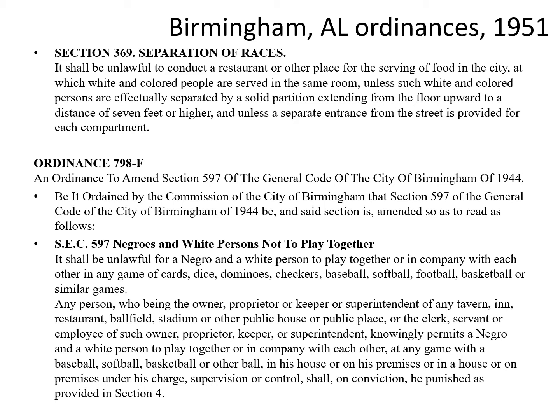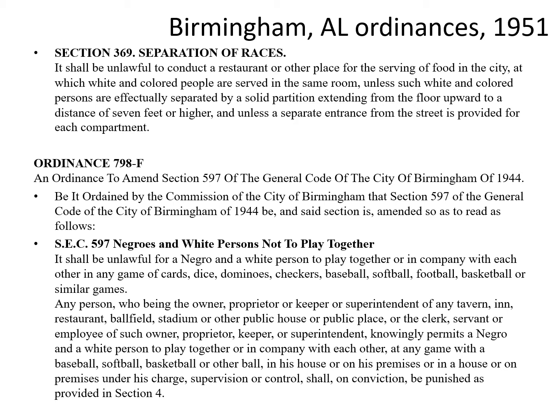So if you look under the last paragraph that's on this page, right? Any person who, being the owner, proprietor, keeper, or superintendent of any tavern, inn, restaurant, ball field, stadium, or other public house or public place, or the clerk, the servant, the employee of such owner, proprietor, keeper, or superintendent. Okay, so what person are we talking about here?